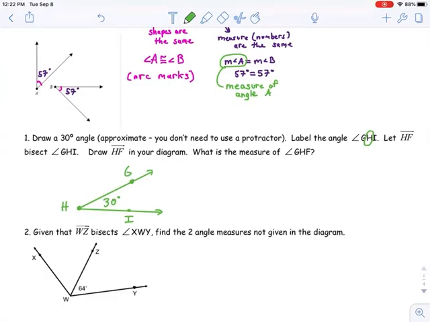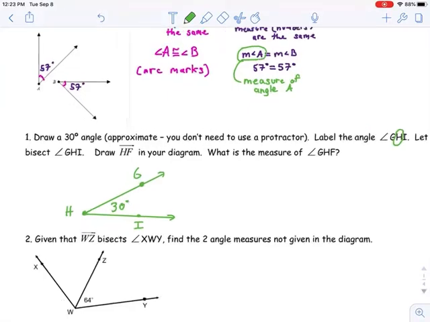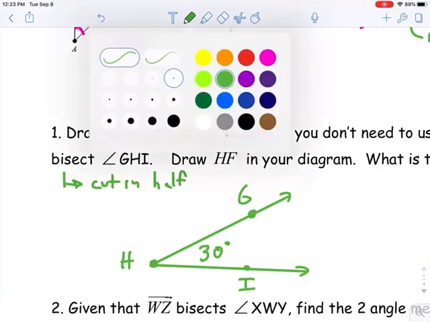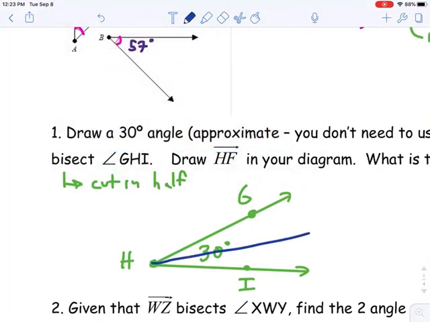Now ray HF bisects GHI. Bisect means cut in half. Just like a midpoint, we're going to have an angle bisector. So, boop, cut it. Actually, I'm going to use red because I'm cutting it in half. That's the blood of the angle. And that's F. It says it's bisecting it. Did I perfectly draw the ray? Did I perfectly cut it in half?